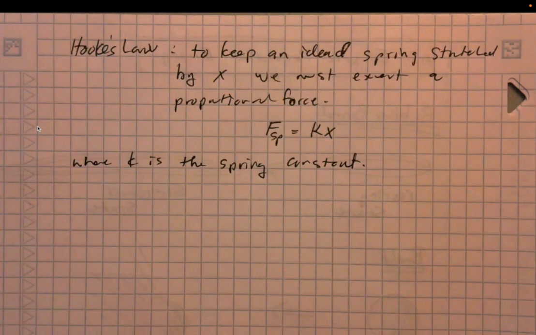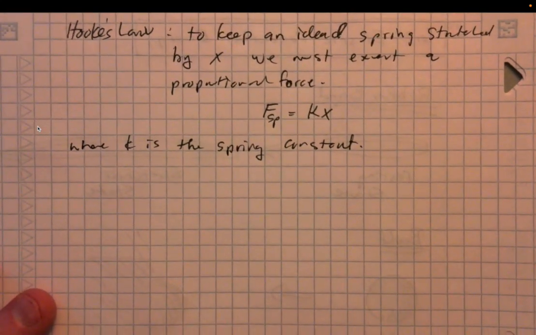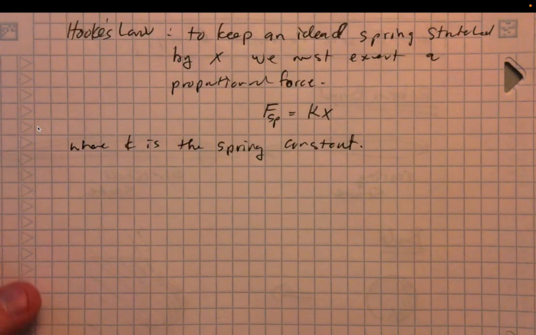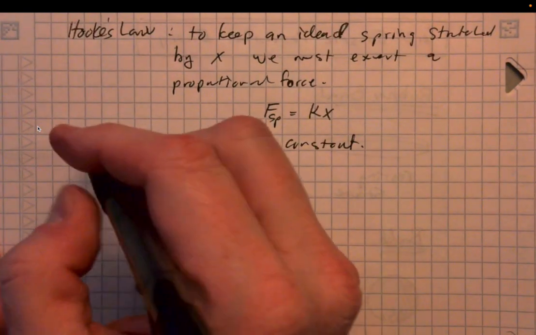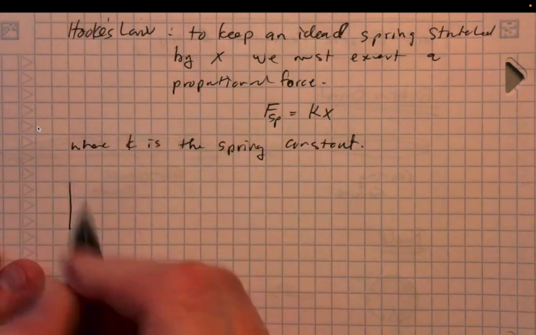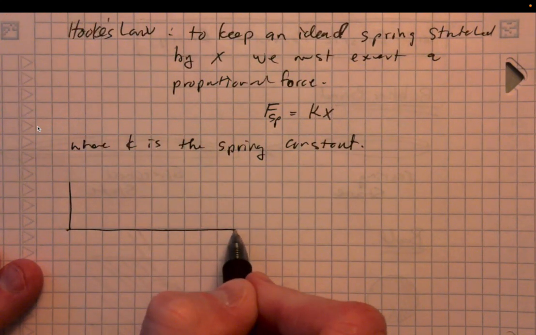Okay. So let's examine the block on a spring model. This is the model that we'll run with in describing this elastic potential energy. Let's draw a couple of nice pictures to start with.